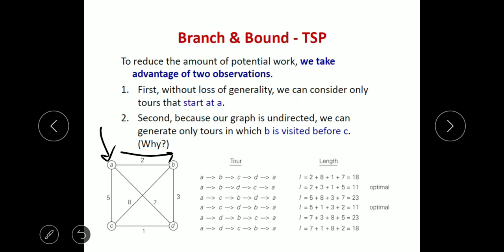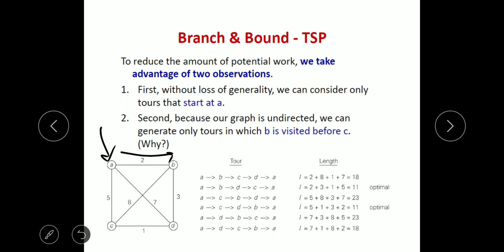I mean to say, we fix an edge that is to be traversed every time we start from the source vertex. We first visit A, followed by B, and then after B we visit the rest of the vertices in the given graph.